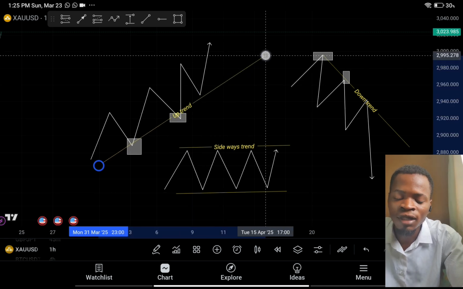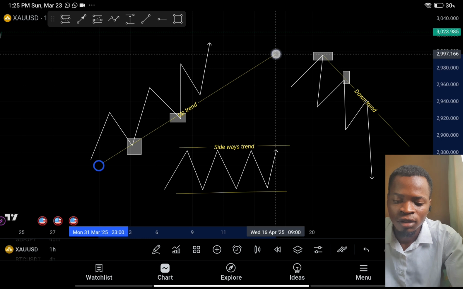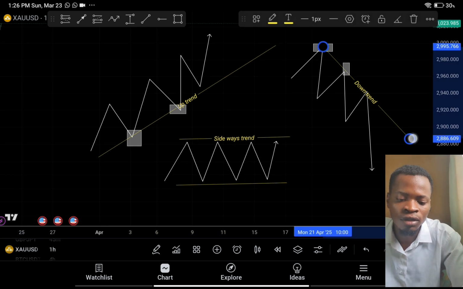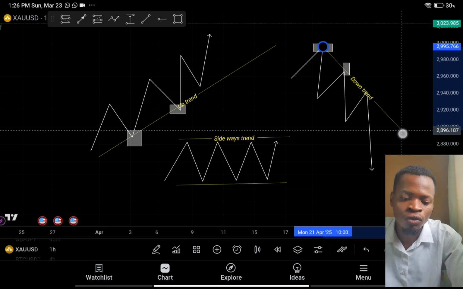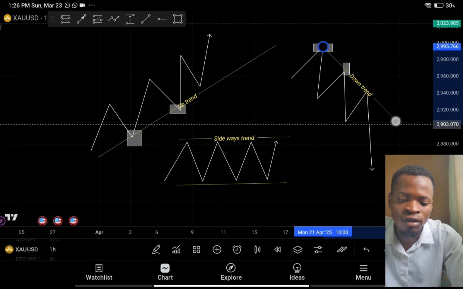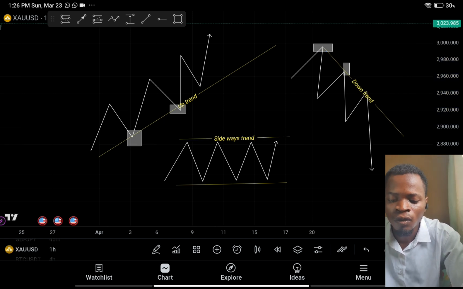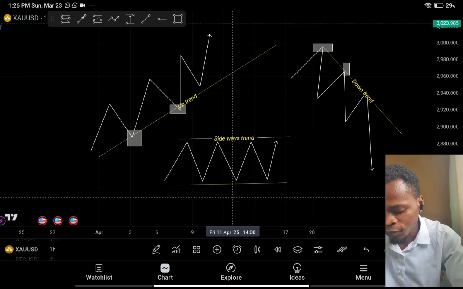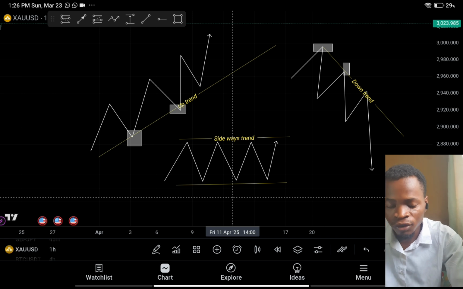Once it's giving you at least 2 touches, it is valid. Or in the downtrend scenario, once it's giving you 2 touches, coming down like this, that is it. Then sideways, once it's giving you 2 touches, this is your sideways trend. These are the 3 types of trend I have. So I've explained to you guys what trend line is, types of trend lines, and how to draw a trend line.